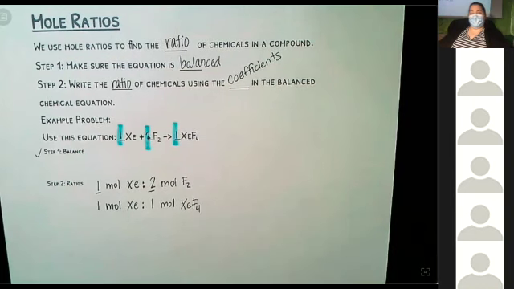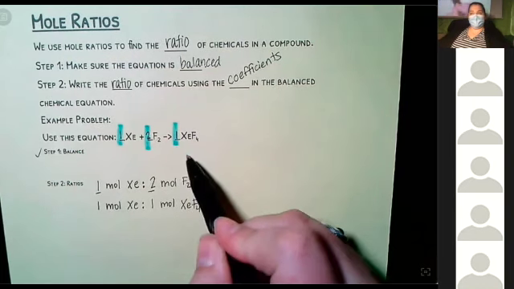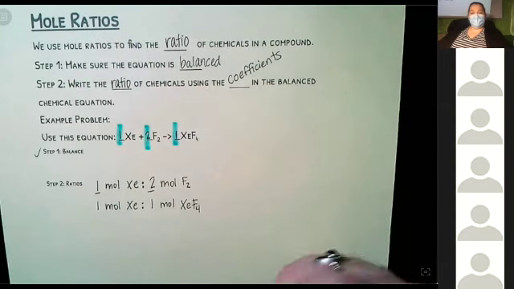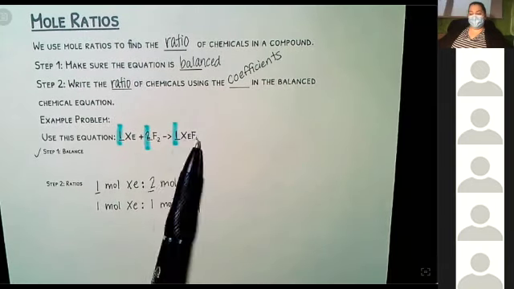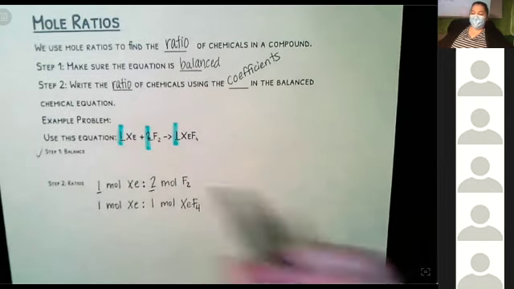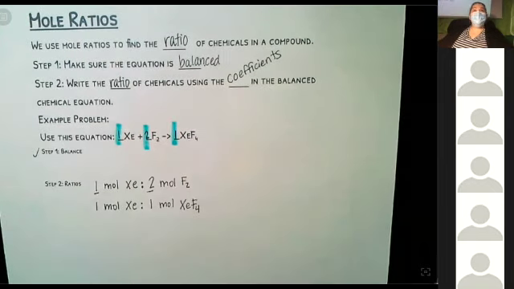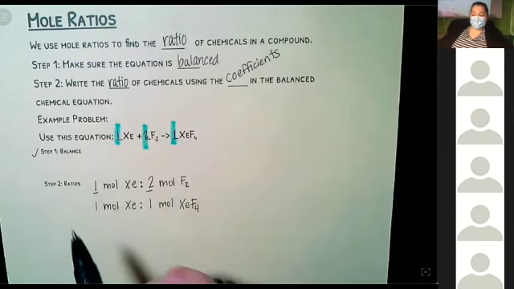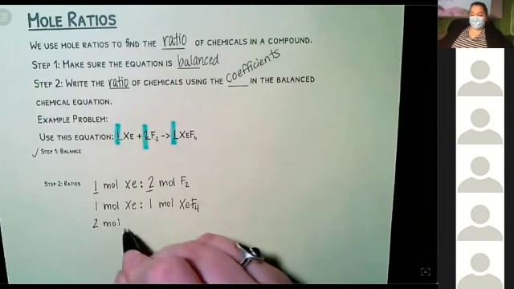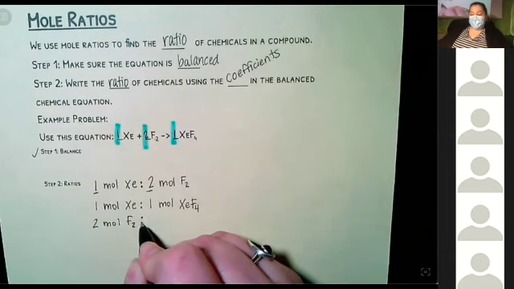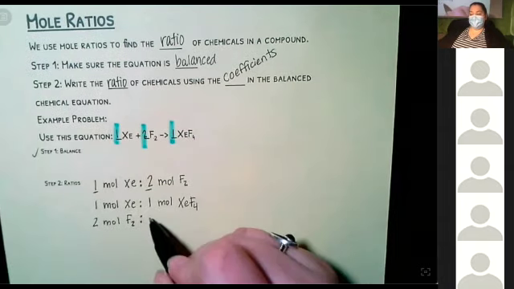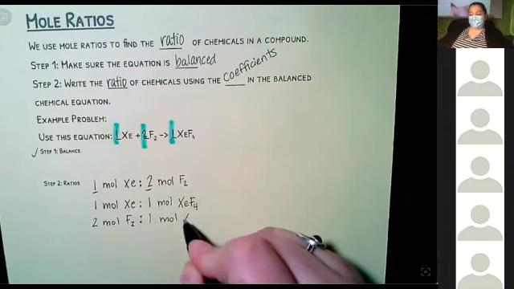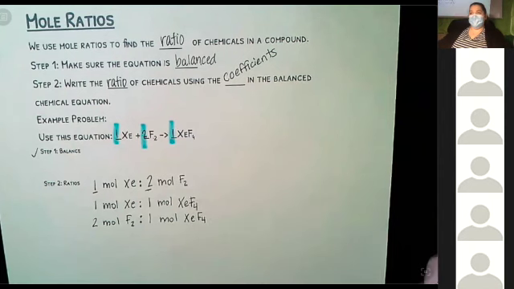All we're doing is looking at the numbers from here, okay? And then the third one, we're going to compare these two right here. So how many moles of F2 do I have in this equation? 2 of them, because of this coefficient. So 2 moles of F2, and we're going to compare it to the last one. So same thing, 1 mole of XeF4. And that's it. That's mole ratios.